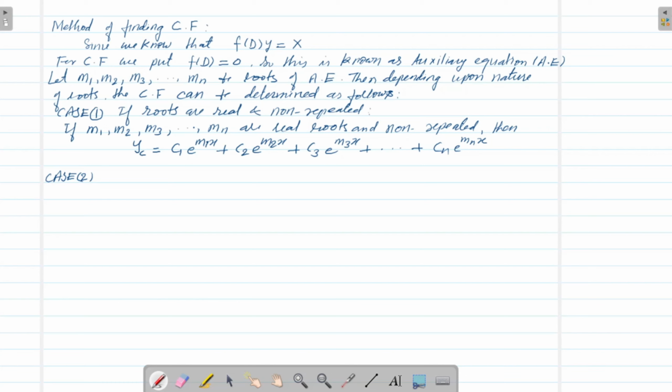Now case number 2. What is case number 2? If roots are real and repeated.